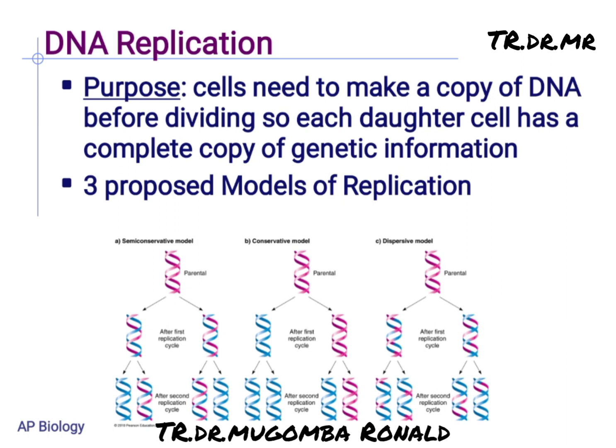Otherwise, if we divided the cell continuously without replicating genetic material, each cell would have half the amount of genetic material of the parent in every generation. To avoid that disruption in the content of genetic material in each cell, we have to undergo DNA replication so that we can ensure successful cell division.